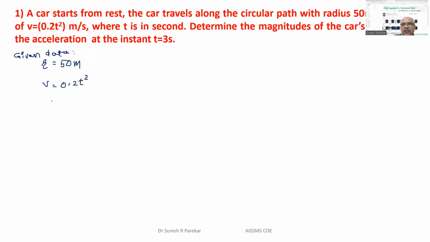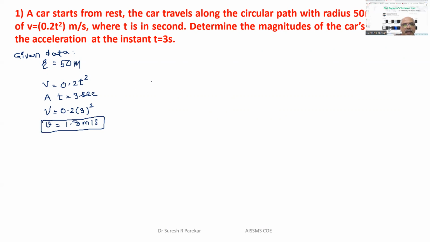Determine the magnitudes of car velocity and acceleration at t equal to 3 seconds. So at t equal to 3 seconds, V is equal to 0.2 into 3 square. 3 3s are 9, 2 nines are 1.8 meter per second. So this is first.